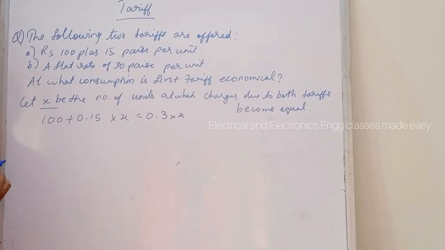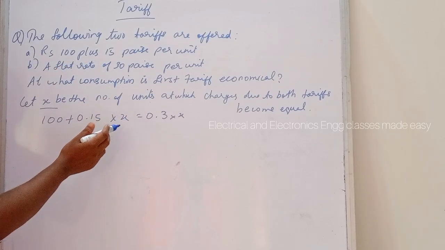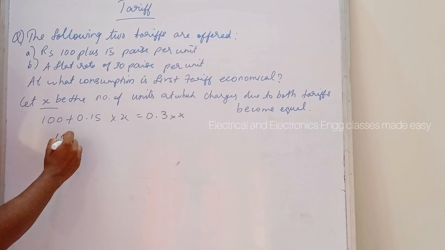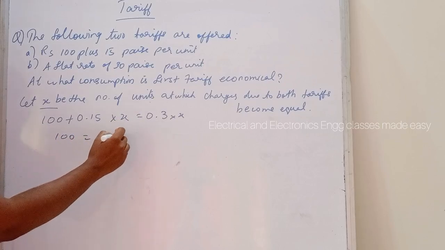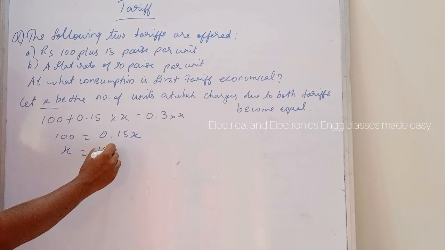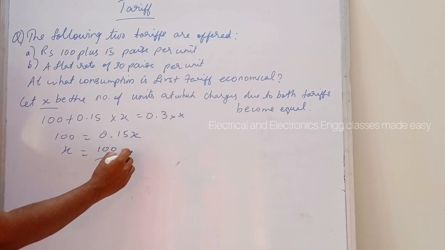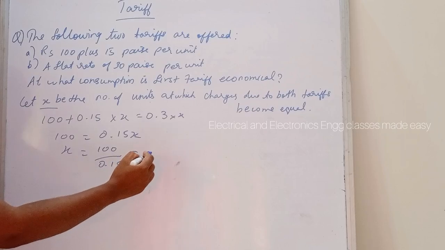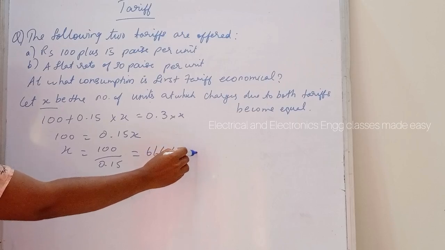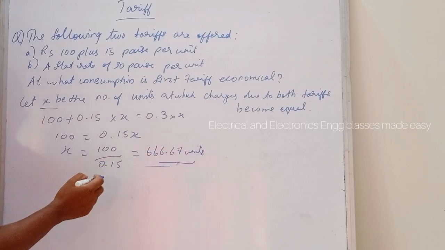That is, at what consumption is the first tariff economical. So we have to find the value of x here, and we get 100 is equal to 0.15 x, then x is equal to 100 divided by 0.15, and that is equal to 666.67 units.